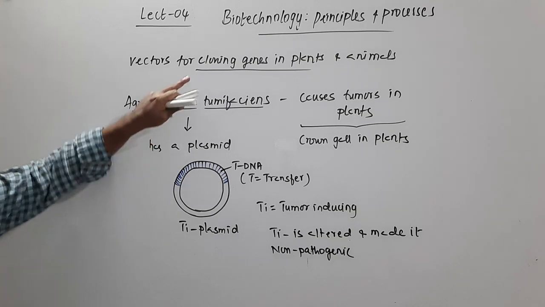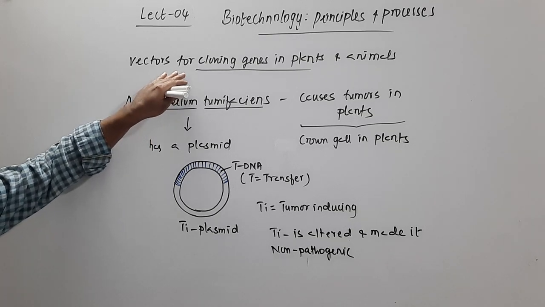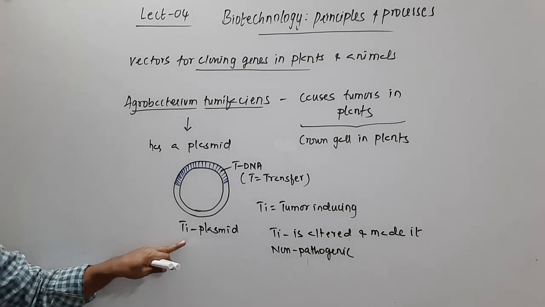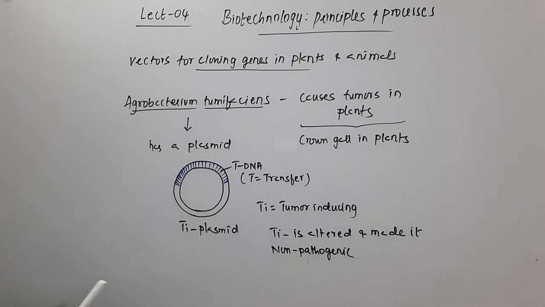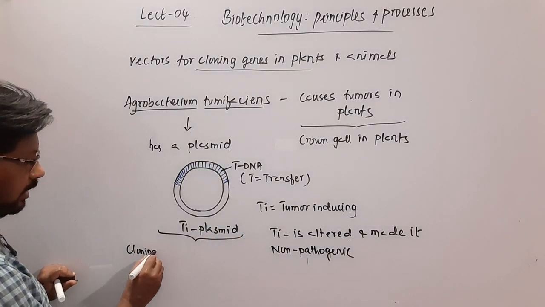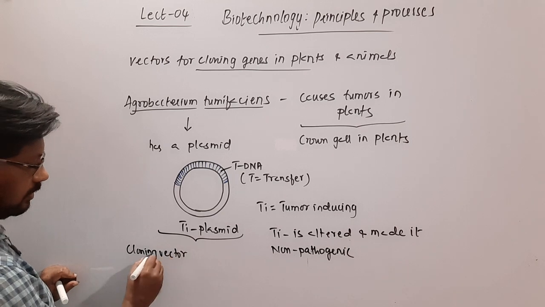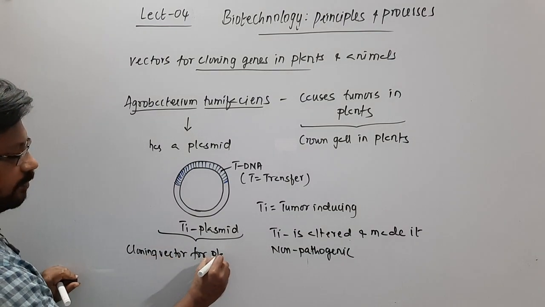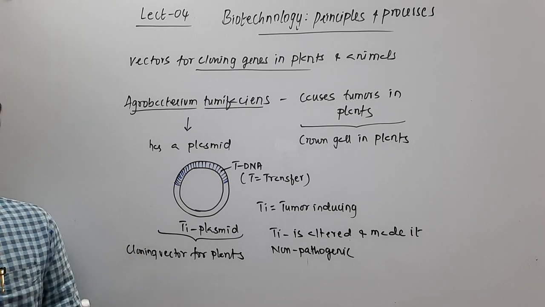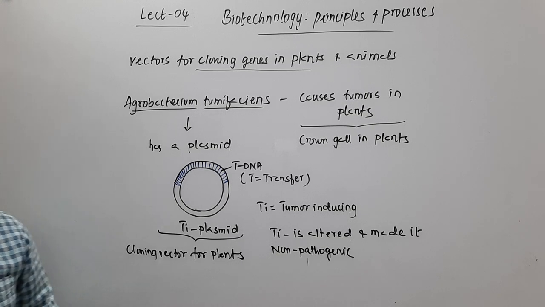So the cloning vector in the case of plants is this Ti plasmid. This Ti plasmid is a cloning vector for plants. Then what are we doing with animal cells, how do we transform animal cells?